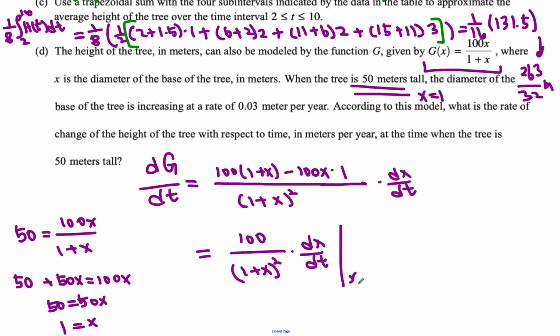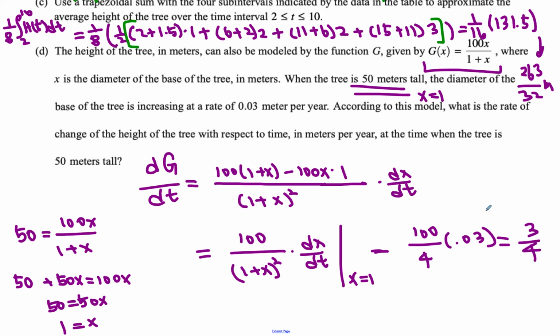Then, in this case, when x equals 1, I'm going to place 1 here. So then we get 100 over 4, because 1 plus 1 has to be squared. And dx/dt was 0.03. Then we get 3 over 4. That's basically what we end up getting.